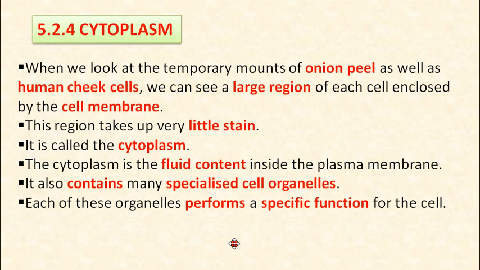The fluid of the cytoplasm contains different cell organelles, many specialized ones. We will see each cell organelle. Each of these organelles performs a specific function for the cell and finally in the body.